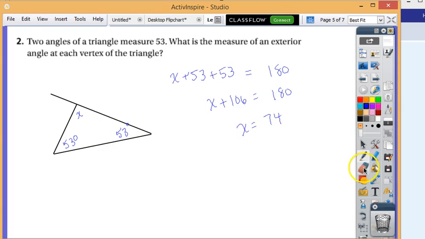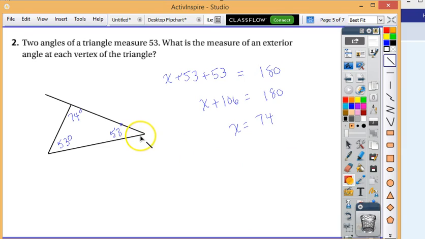Why in the world would I have found the value of this angle to be 74? What's the usefulness of that? Yeah, I know, but the question didn't ask me to find this. Why did I go ahead and find it? Right, because the question asked me to find all of the exterior angles.